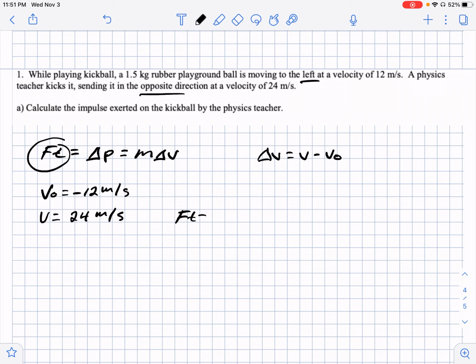So now we can go ahead and plug in to solve for this impulse. So the impulse is equal to the mass of that kickball, which we said was 1.5 kilograms, times the change in velocity. So the final velocity was a positive 24 meters per second, minus the initial velocity, which was negative 12 meters per second.